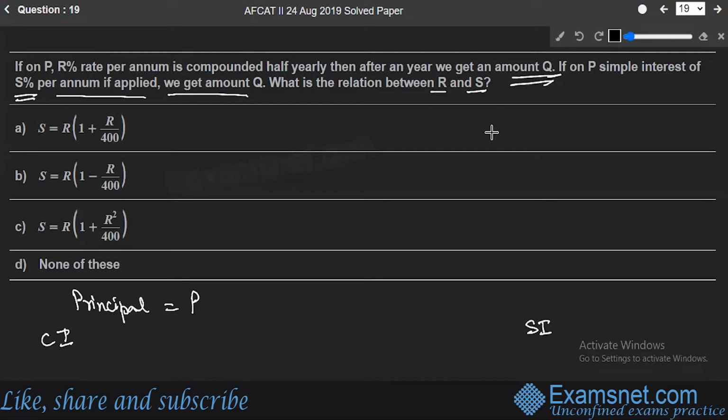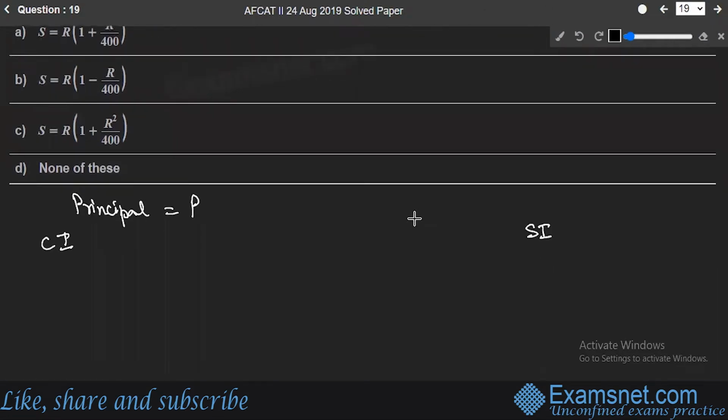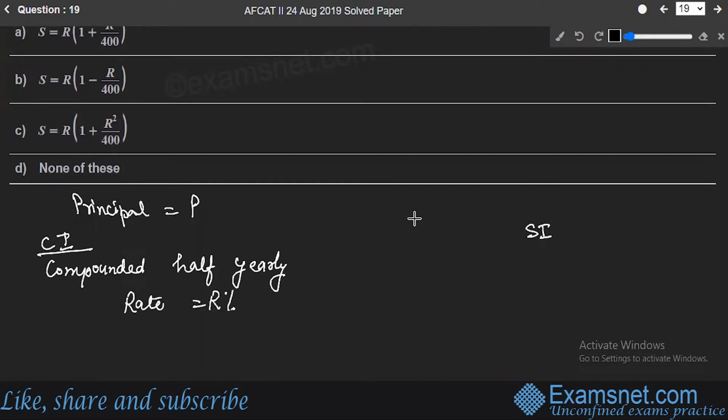So there are two situations. Principal P is common in both of them. The first one, for the compound interest, it is compounded half yearly. Rate is R. You know the formula for compound interest.